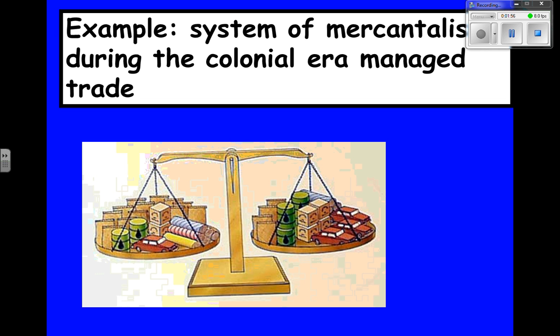Mercantilism was the economic plan or policy during the colonial period. It's the economic policy that capitalism will follow, but it dealt primarily with making sure that you have more exports than imports, making more money than you are spending.